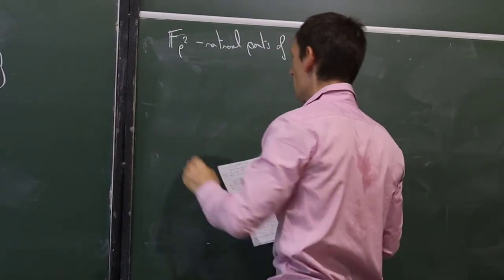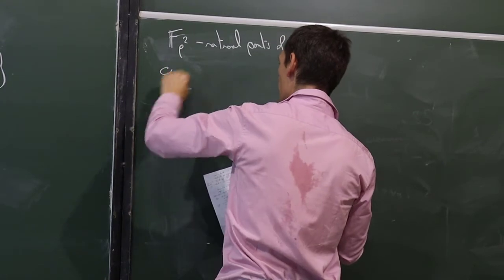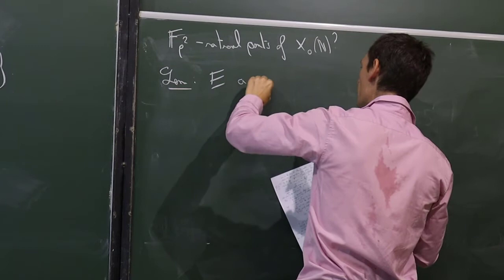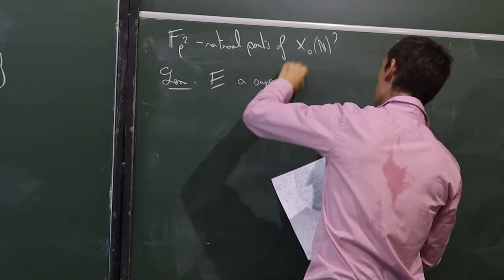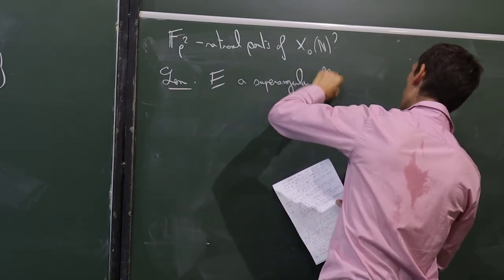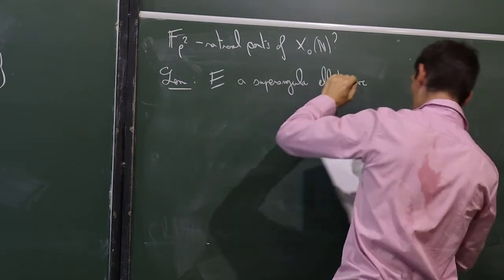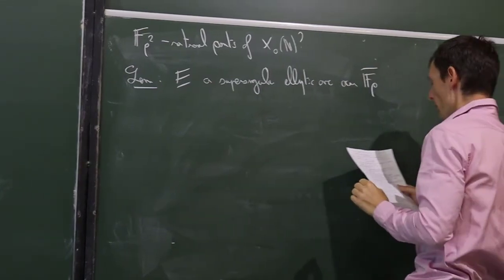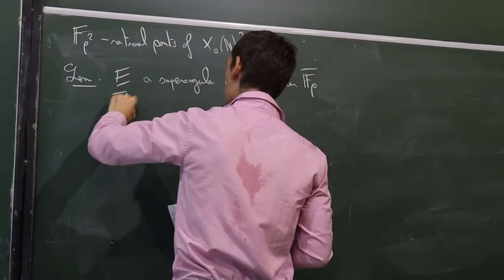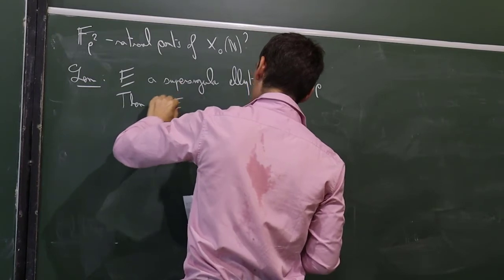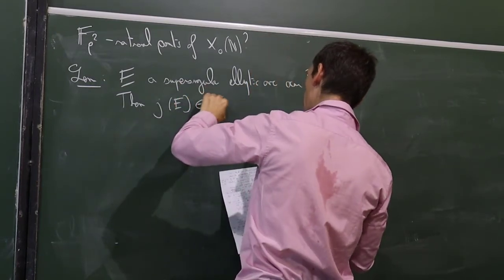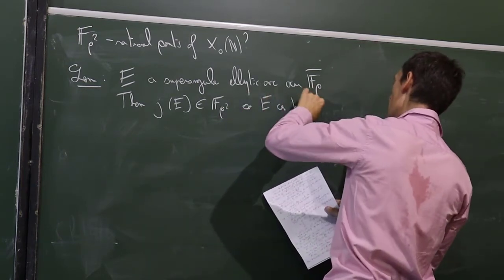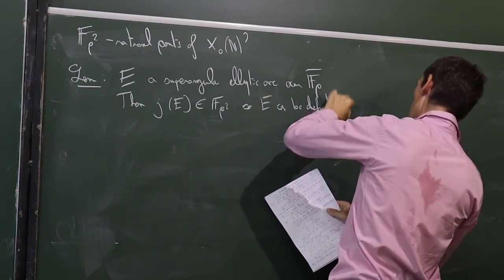What are they? So I need a lemma to understand the following. I take E, a supersingular elliptic curve over Fp bar. Then one can prove that j(E) is actually inside Fp². So E can be defined over Fp².